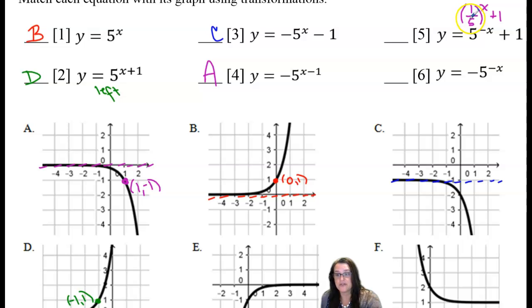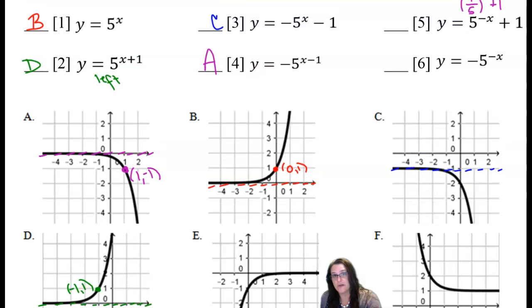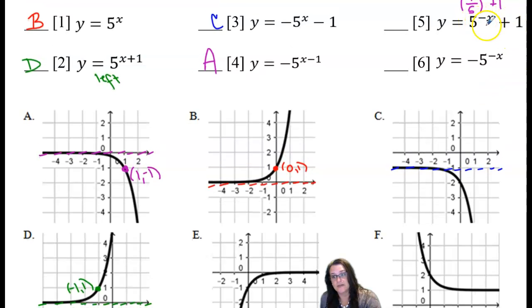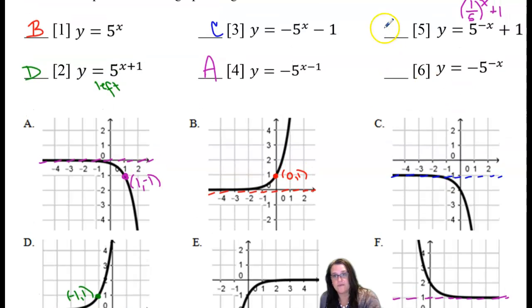So this graph needs to start steep and then start to flatten out as it heads to the right. So when we look at the graphs that do that, we also want to keep an eye on this plus 1, which moved everything up 1 unit, and that would be graph F. Right? We can see here our asymptote is up 1 unit, it starts out steep, and then it flattens out. And so number 5 corresponds to graph F.